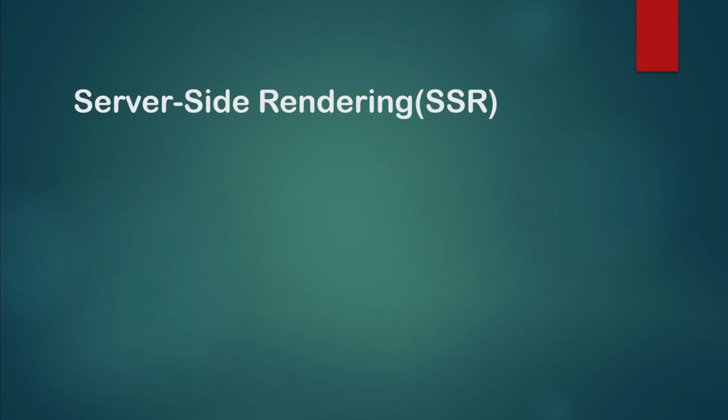Because it's impossible to build every second, Next.js provides server-side rendering, which renders each page at request time, not at build time. As a result, server-side rendering ensures the end user will always get the latest data from whatever your data source happens to be, but it could be slower than SSG.